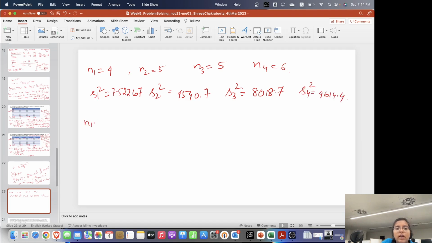So now calculate (n1 minus 1) s1 square plus (n2 minus 1) s2 square plus (n3 minus 1) s3 square plus (n4 minus 1) s4 square; this will be SSW. How much are you getting?